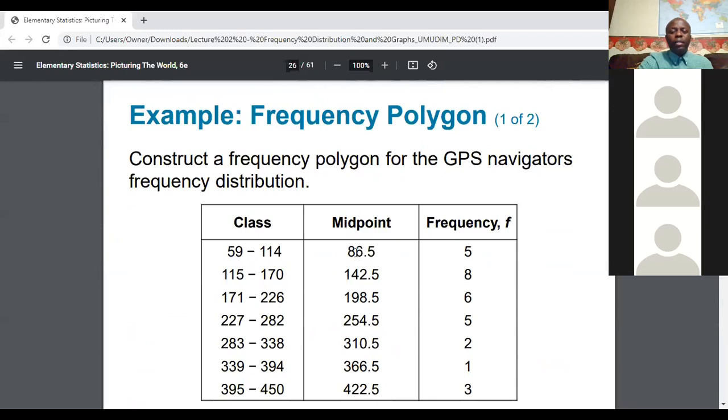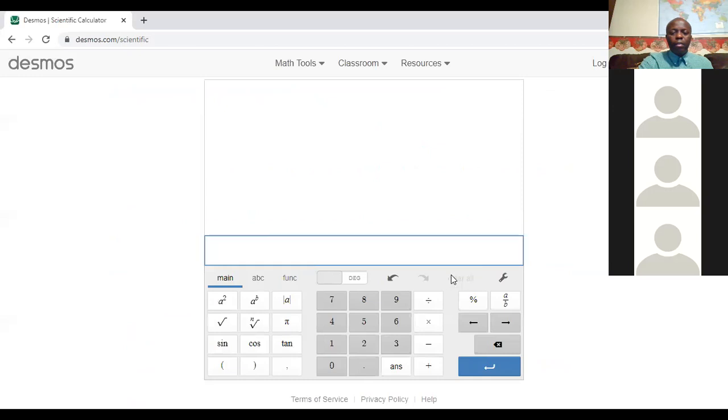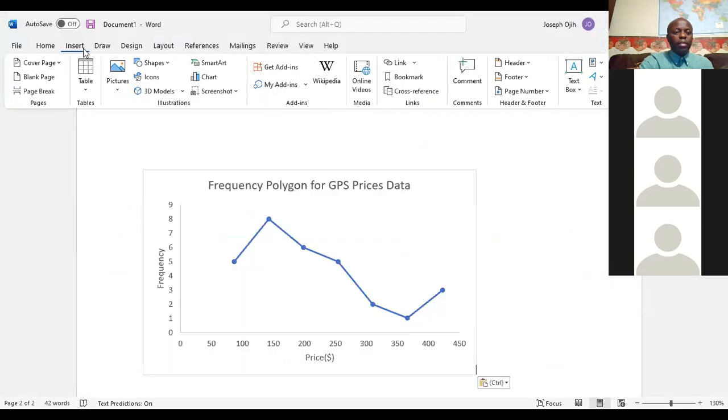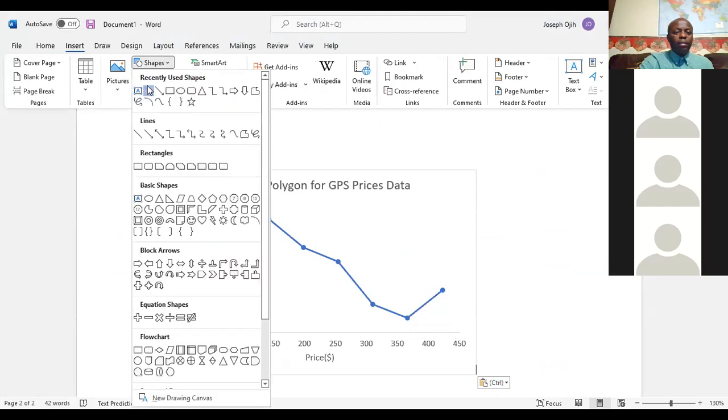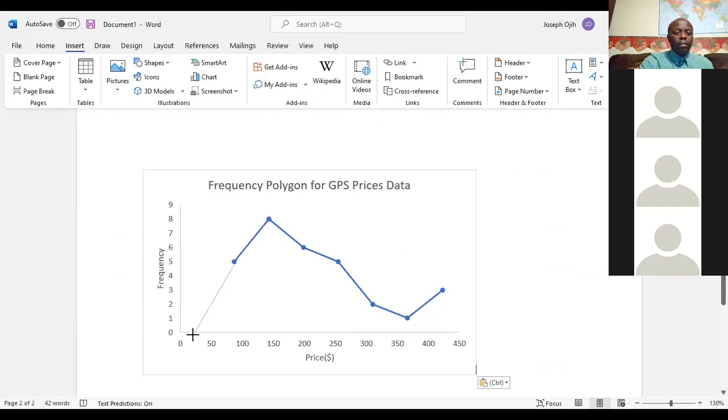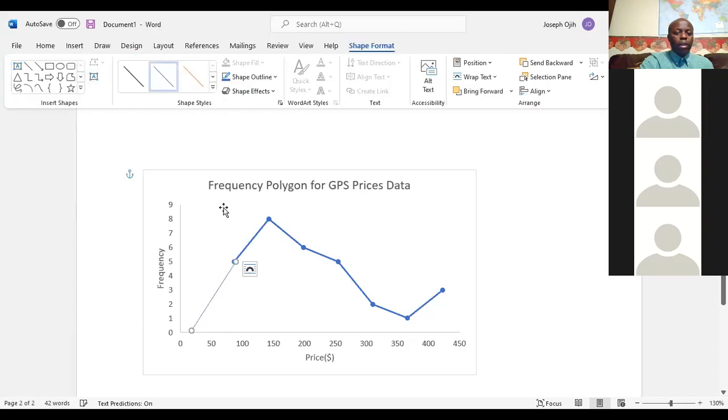So you subtract 86.5 minus our class width of 56, which gives 30.5. That means we're going to close it at 30.5. You can just close it by inserting a line at 30.5, which will be around here, and we can make it a thick line.